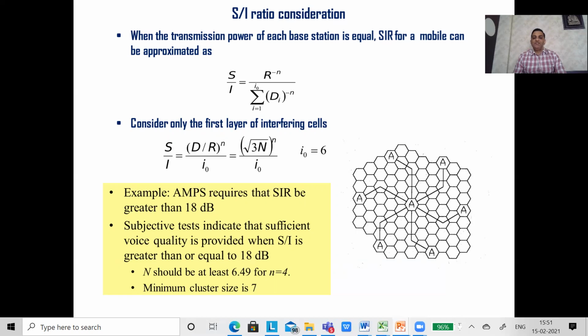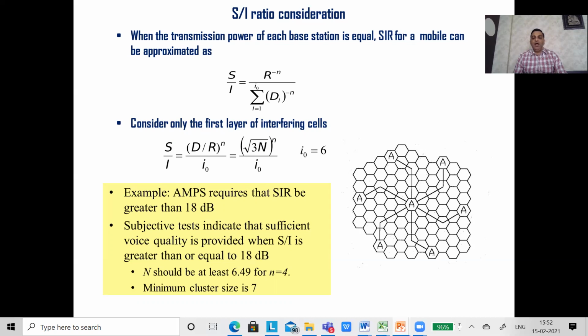To understand this concept, let's have a look at one example given on the downside of the slide. An AMPS system requires that S by I be greater than 18 dB. Subjective tests indicate that sufficient voice quality is provided when S by I is greater than or equal to 18 dB.